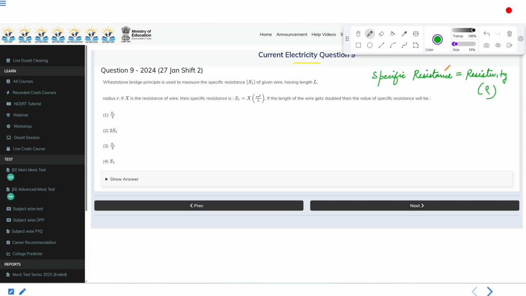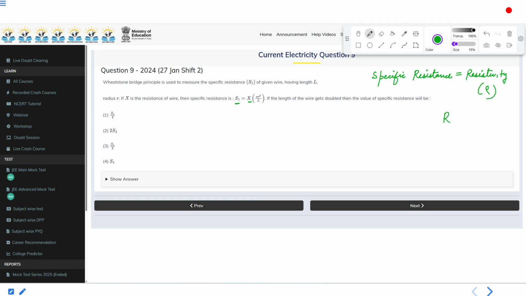We know that the Wheatstone bridge principle is used to measure the specific resistance of a given wire having length L. If X is the resistance of the wire, then the specific resistance is given by this, where this is the resistance of the wire and this is the specific resistance.